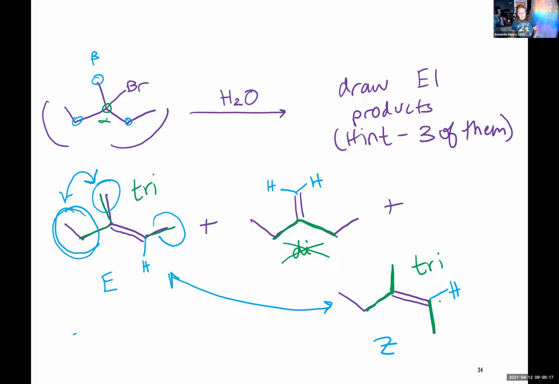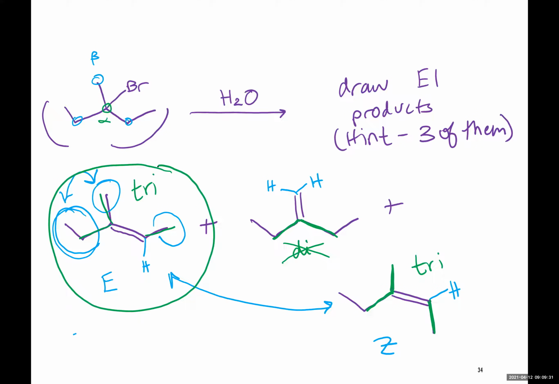Would the E or the Z be the more stable one? Z. So it's actually going to be the E. And our reasoning is that we want to have the biggest groups pointing away from each other. So on one of the carbons, the big group is the ethyl, and on the other carbon, the big group is the methyl. So we want those to be opposites from each other.